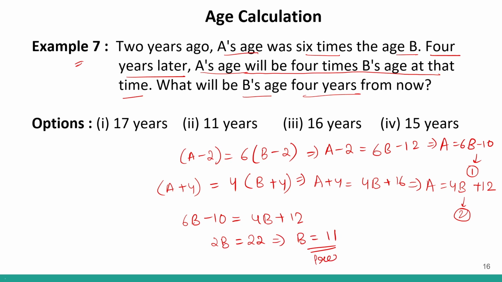This is the present age. Okay. Now what we have to find out? We have to find out 4 years from now, that means 4 years in future. So it will be 11 plus 4, that is 15. So B's age 4 years from now will be 15 years, which is given in option number 4. So option number 4 will be your correct answer.